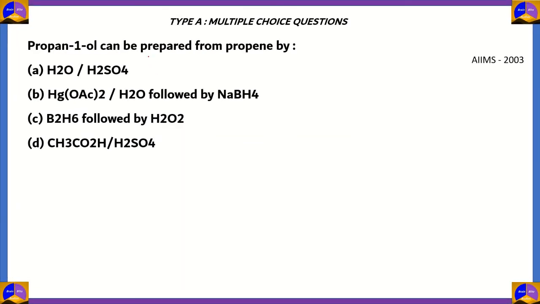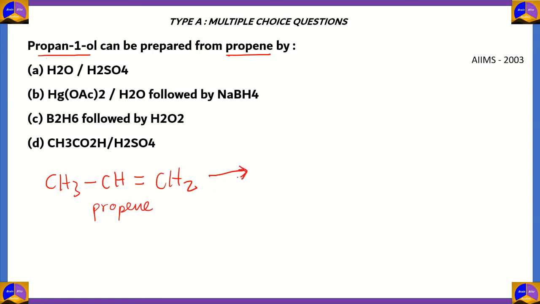Now, in this question, we're asked to find out the reagent used to prepare propan-1-ol from propene. So basically we have propene, which is CH3CH=CH2, and we need to find out the best way to prepare propan-1-ol or propanol.